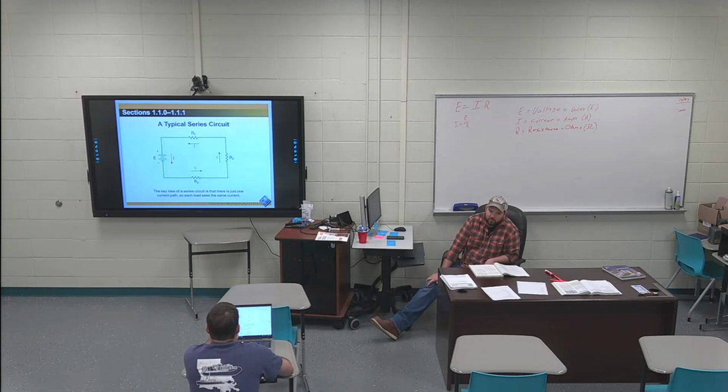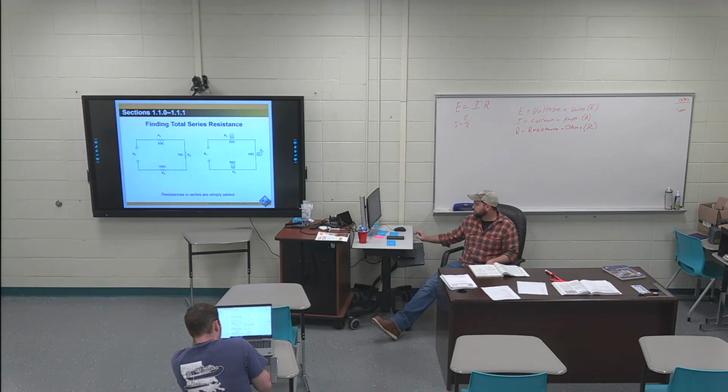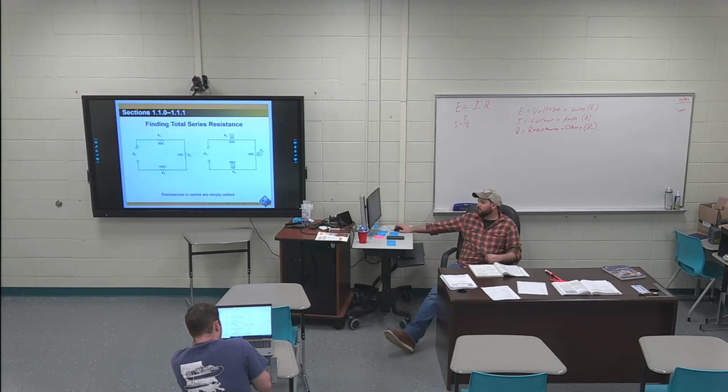Page 2. When I am adding resistances in a series circuit, I just add up what the resistances are, and that's the resistance total. These are both series circuits, so it's one thing after the next, right?